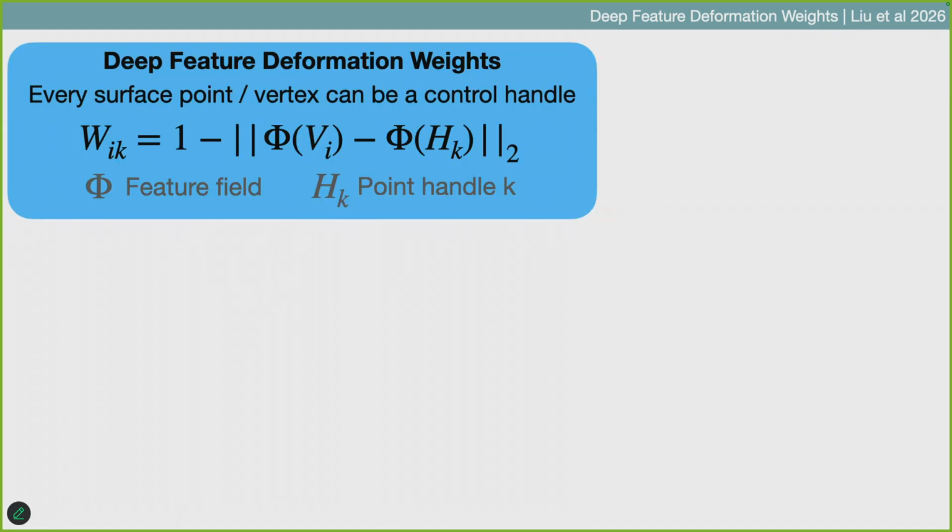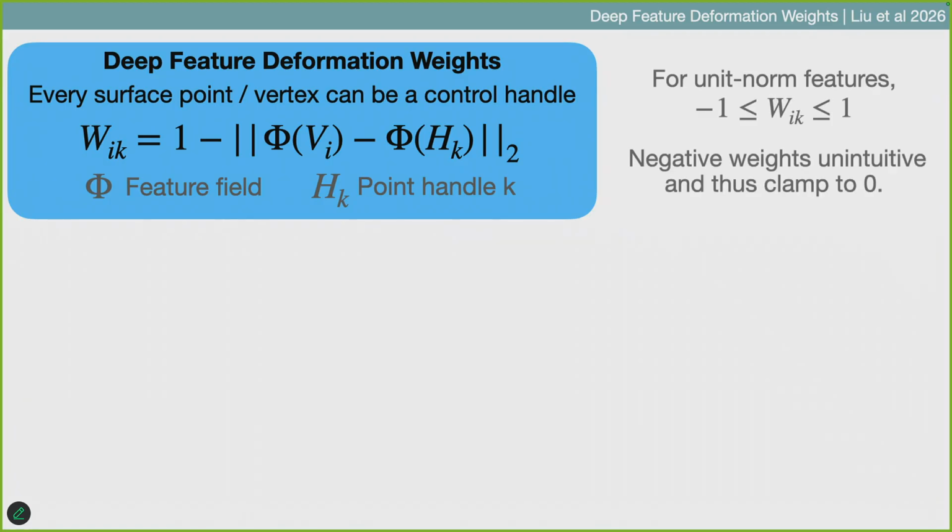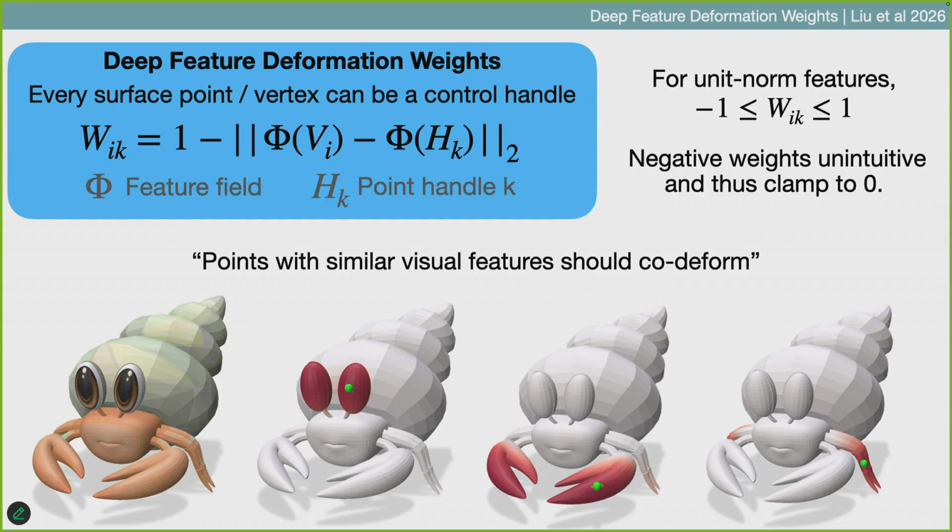Okay. So there are a few other constraints I should mention regarding these weights, but they're quite few. We have to assume unit norm features so that we guarantee the weights are between -1 and 1. And we also clamp negative weights to 0 because negative weights result in unintuitive behavior. But once we have that, we're basically done. The intuition behind these weights is that points with similar visual features should co-deform.